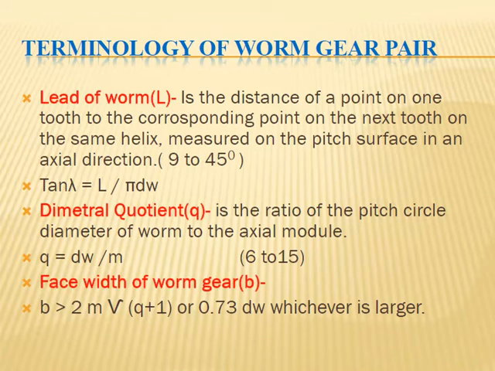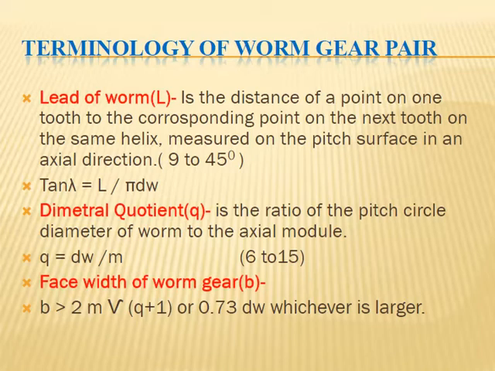Next one is the very important face width. Face width has the same concept which we use in spur, helical or bevel gears. Here the face width b should be greater than or equal to 2 module into square root of Q plus 1, or 0.73 dw, whichever is larger we will select.